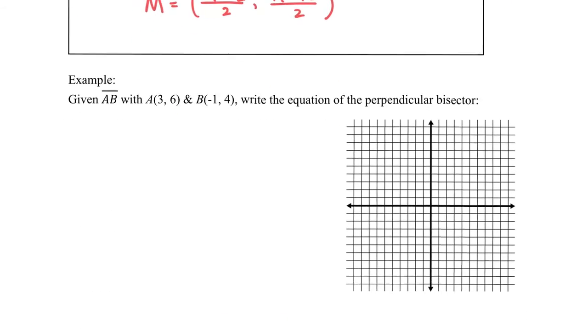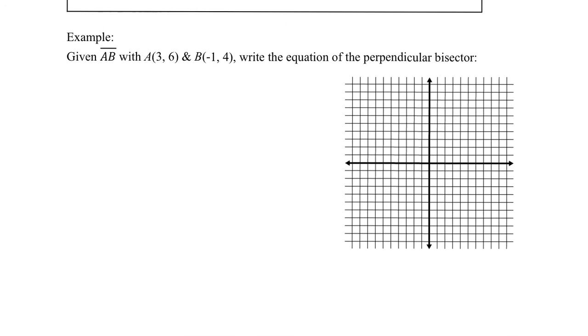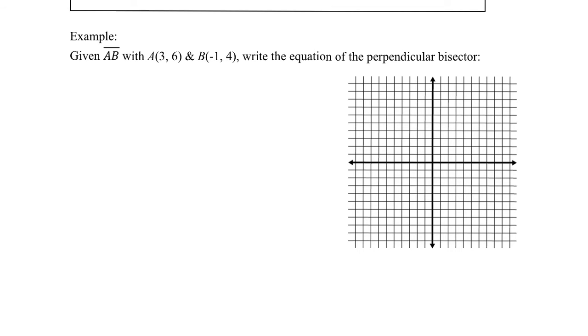All right, so given AB with A is (3, 6) and B is (negative 1, 4), write the equation of the perpendicular bisector. All right, let's just start by graphing this. So 3, 6: 1, 2, 3, then 1, 2, 3, 4, 5, 6. So there's going to be A, and B is going to be negative 1, 4. Okay.